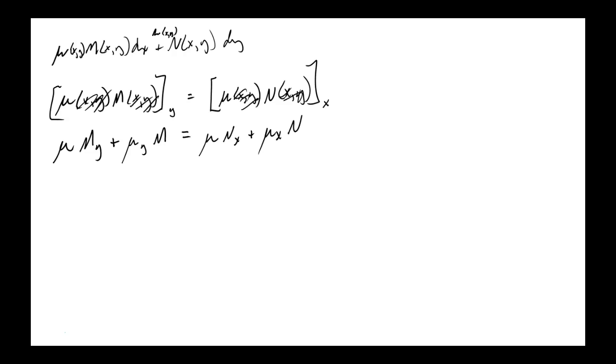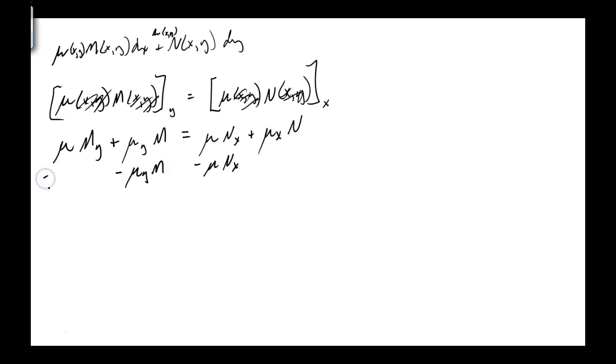All right. Now, what we're going to do now seems a little bizarre, but actually it makes sense. What we're trying to do is find out what mu is, right? So let's get all our mu's together and everything that's not a mu otherwise. Well, here we'll subtract a mu N sub x from this side, and we'll subtract a mu sub y M from that side.